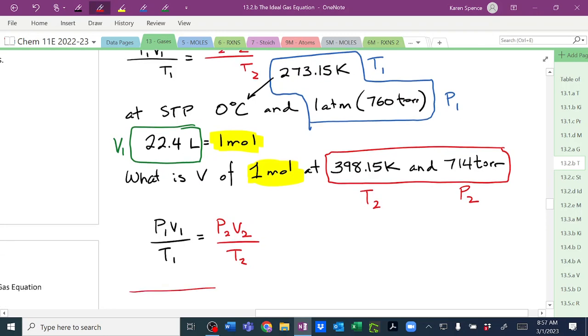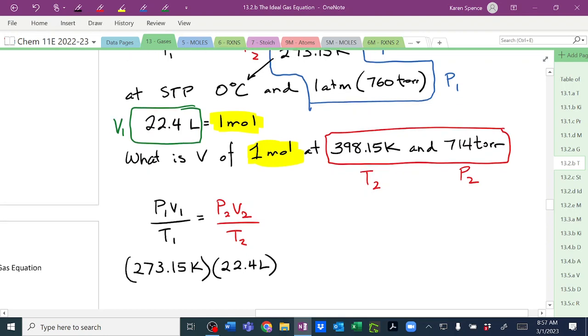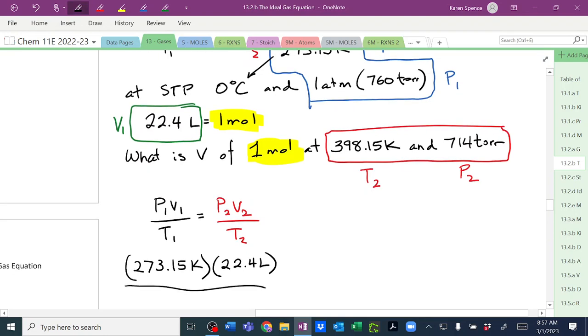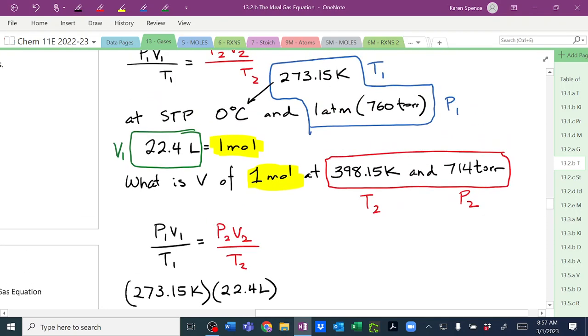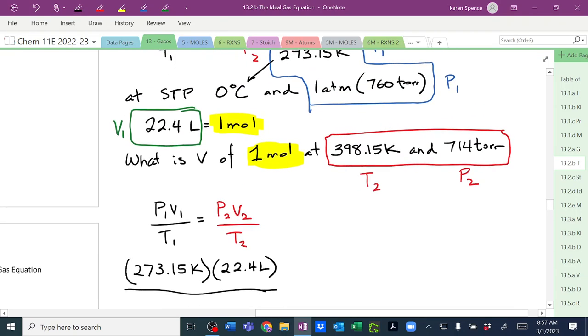I would put in my pressure 1, which is 760 torr, times V1, which is the 22.4 liters, and that is over T1, which is 273.15 Kelvin.